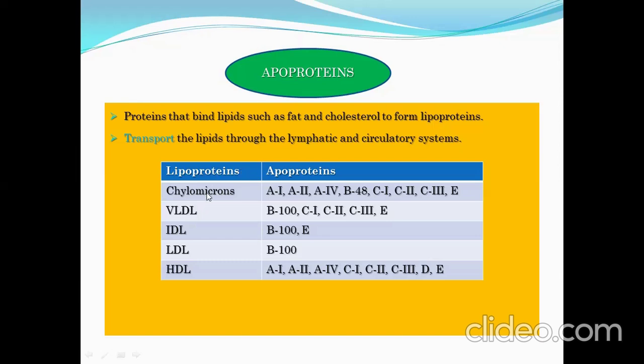These different types of lipoproteins have respective apoproteins, and they help in the transport of lipids.